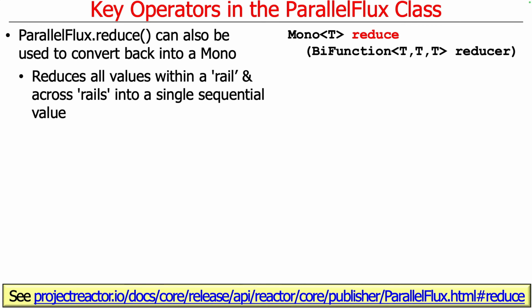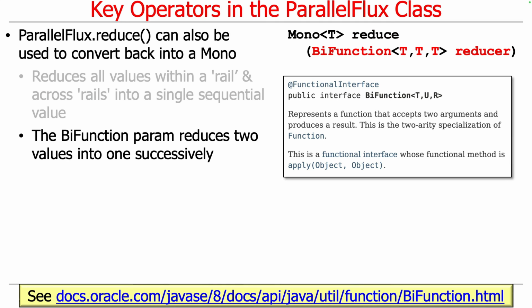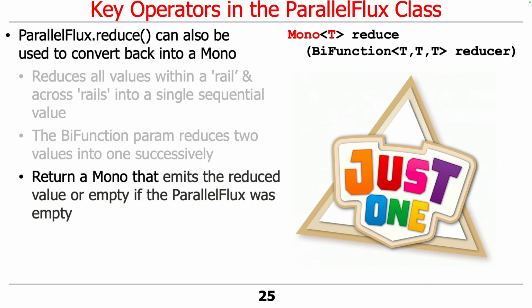It reduces all the values in a rail and across rails into a single sequential value, which comes back as a Mono. It's passed a BiFunction that does this in a pairwise manner. What you get from reduce is a Mono that will emit the reduced value, or if the ParallelFlux didn't have anything to do, it'll come back with an empty result. So you normally just get a single result back, which is what you might want here.